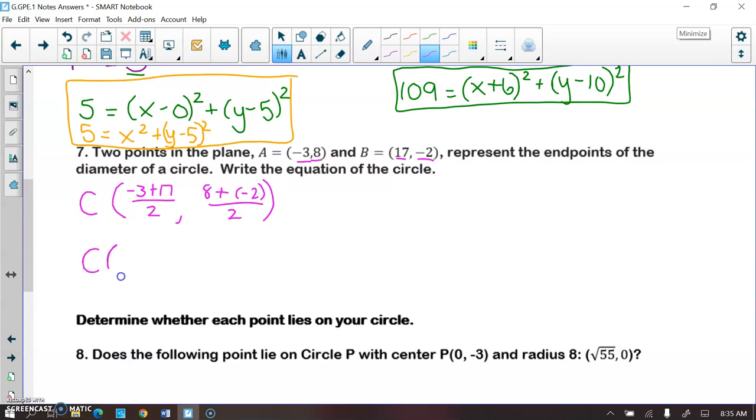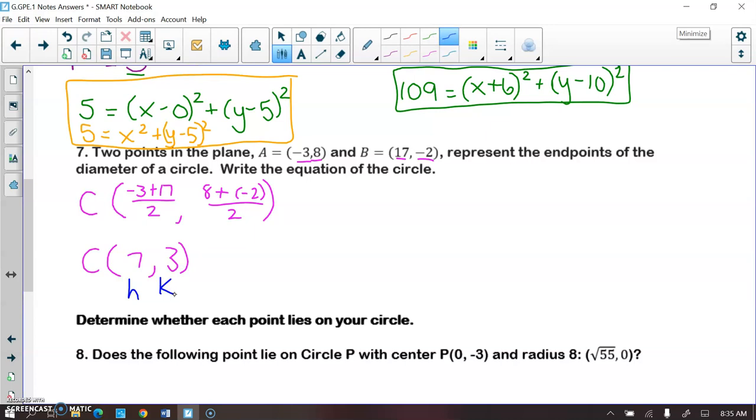So for the center of my circle, doing -3 plus 17 is 14, divided by 2, we get 7. And 8 plus -2 divided by 2, we get 3. So this is our h, k value.